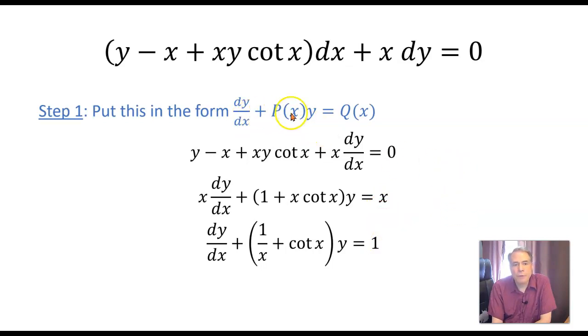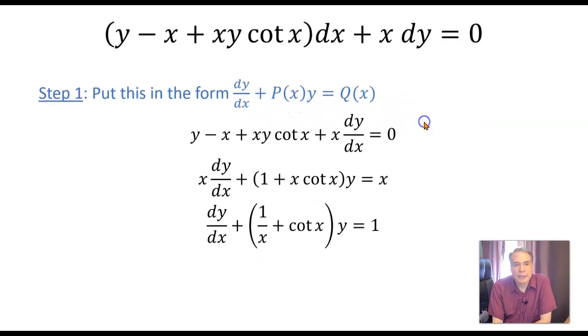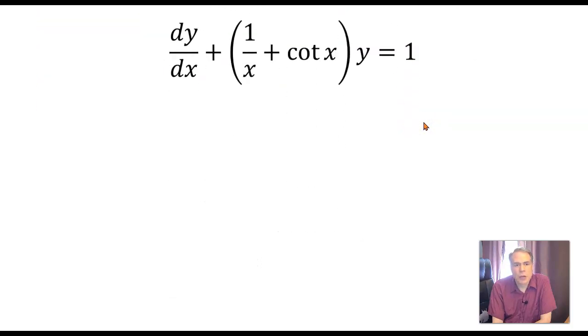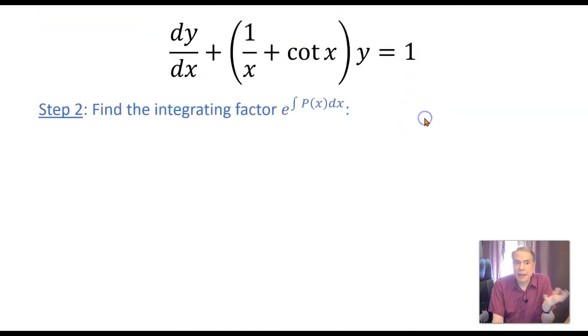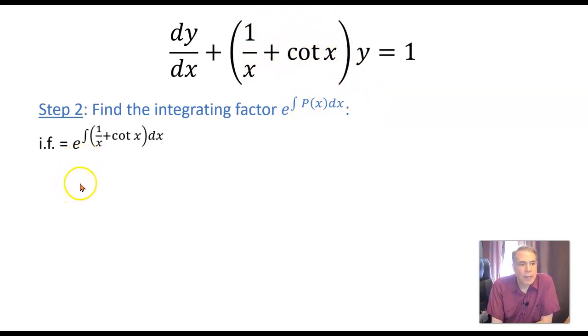So now it is in the form that we want it, and now the next step is to take that equation and find the integrating factor, which is e to the integral, or antiderivative, of the thing in front of the y with respect to x. So the antiderivative of 1 over x would be ln x.